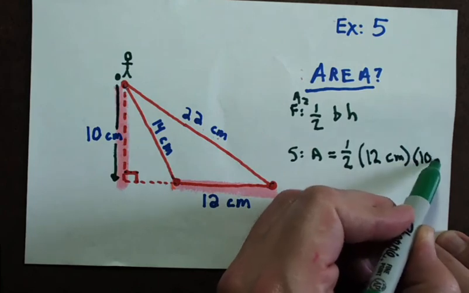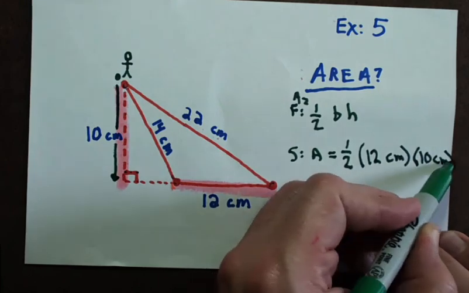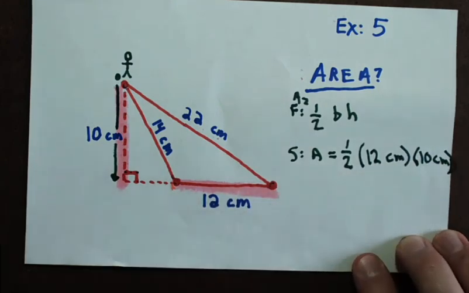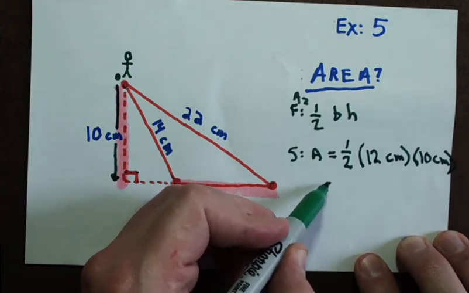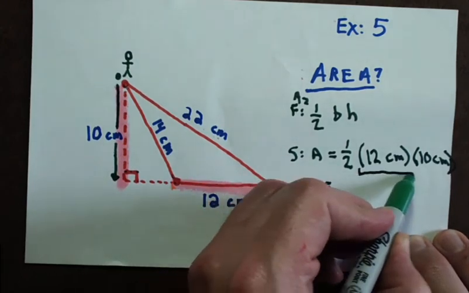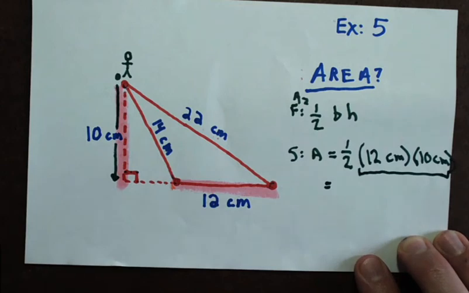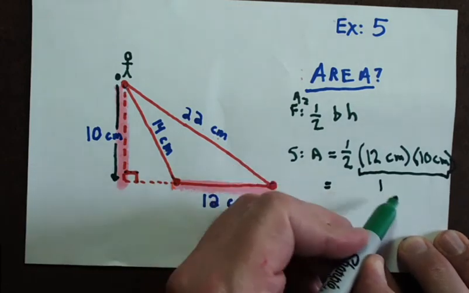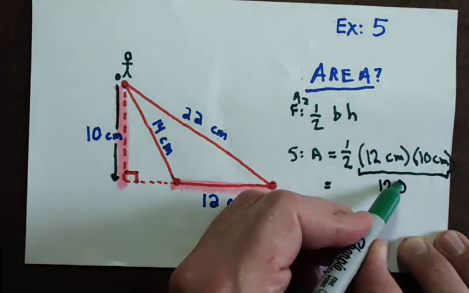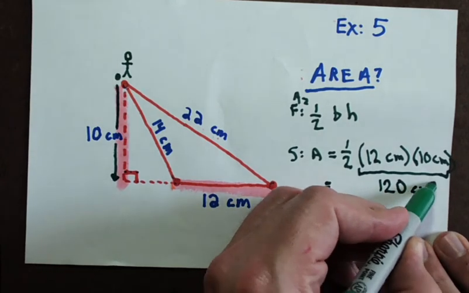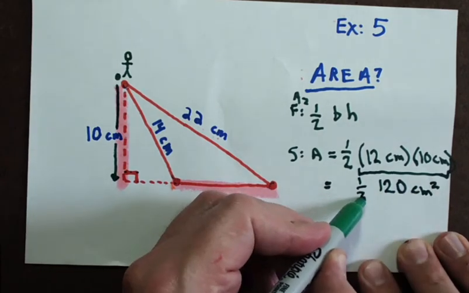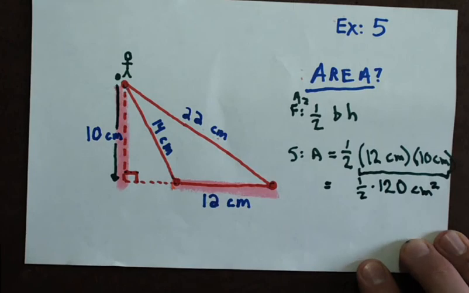There we go. Alright, so now I'm going to substitute in. I did that, and I'm going to solve. All right, 12 centimeters times 10 centimeters is 120 centimeters squared. So I have 1/2 times 120 centimeters squared.